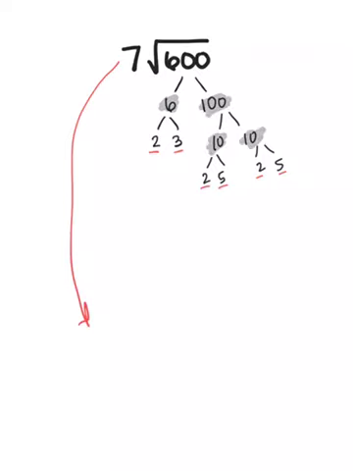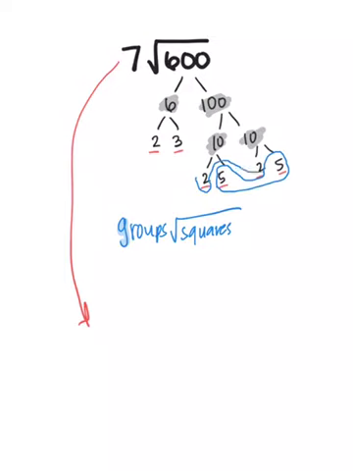And I'm looking for groups, because my answer is going to be groups outside and squares inside. Now, my circles are going to look a little funky here, but I have a group of 5s. I also have a group of 2s.